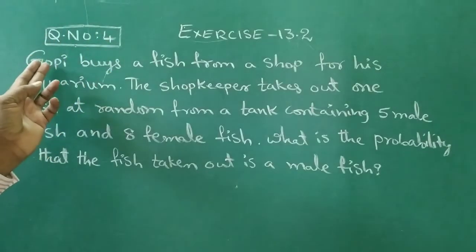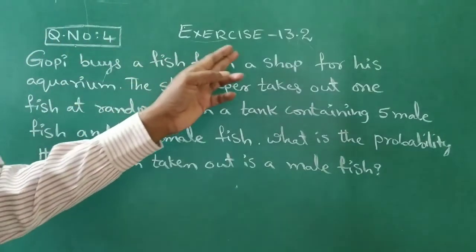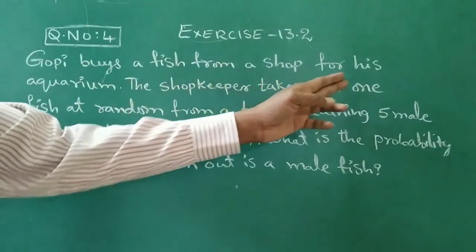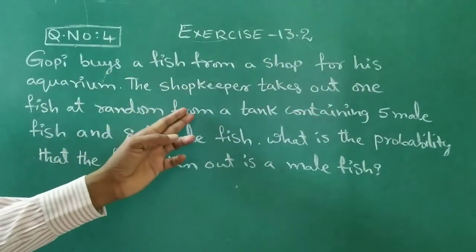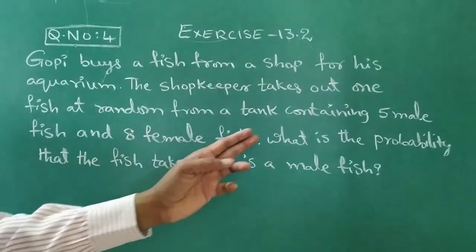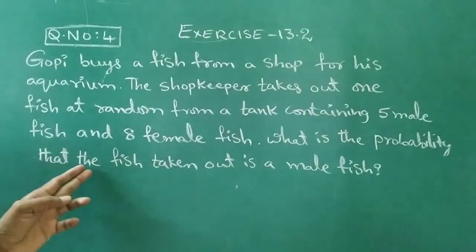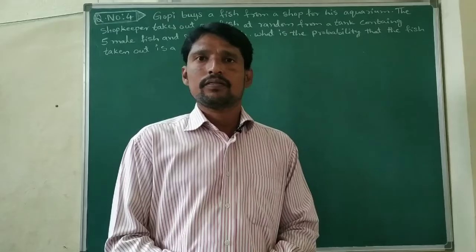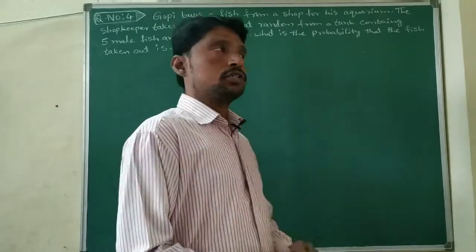Question number 4. Gopi buys a fish from a shop for his aquarium. The shopkeeper takes out one fish at random from a tank containing 5 male fish and 8 female fish. What is the probability that the fish taken out is a male fish? Let us start our solution.